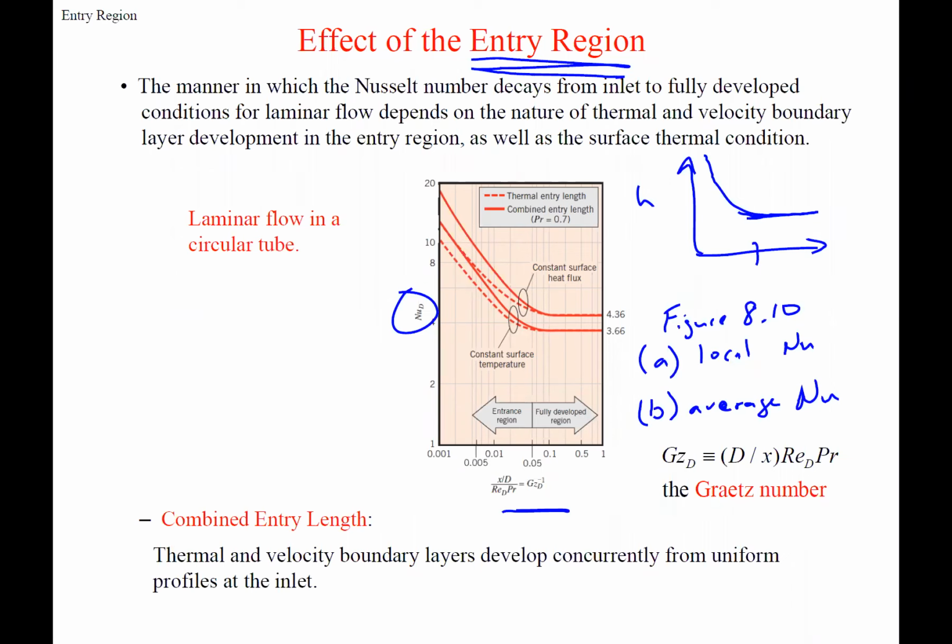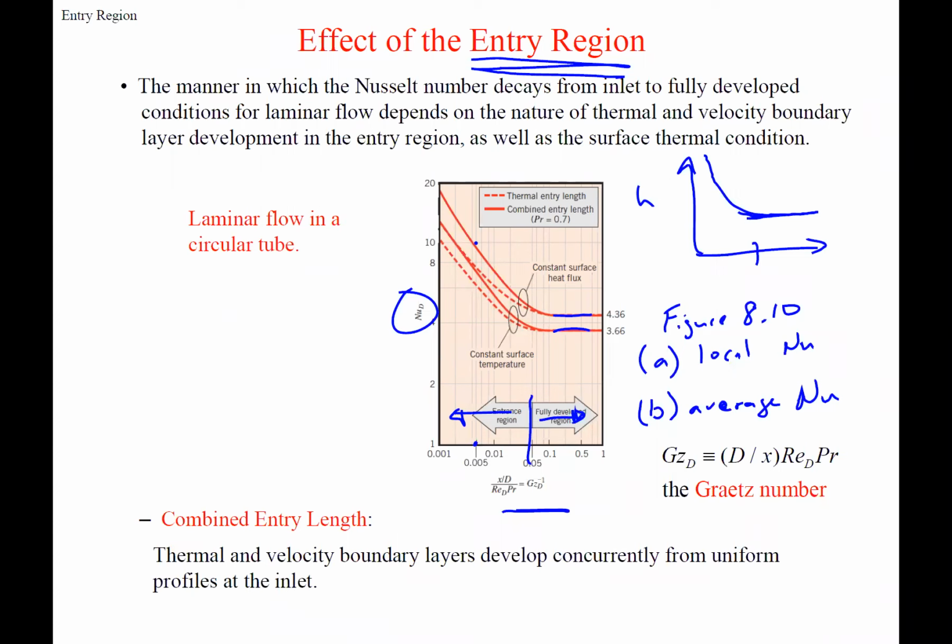If we get this Graetz number and we're over here, we're fully developed, which goes right along with what we have to check for whether you're fully developed or not. You get that constant value for constant surface heat flux and constant surface temperature. Now, if our value lands in this entrance region, we can pick our point here for those different conditions.